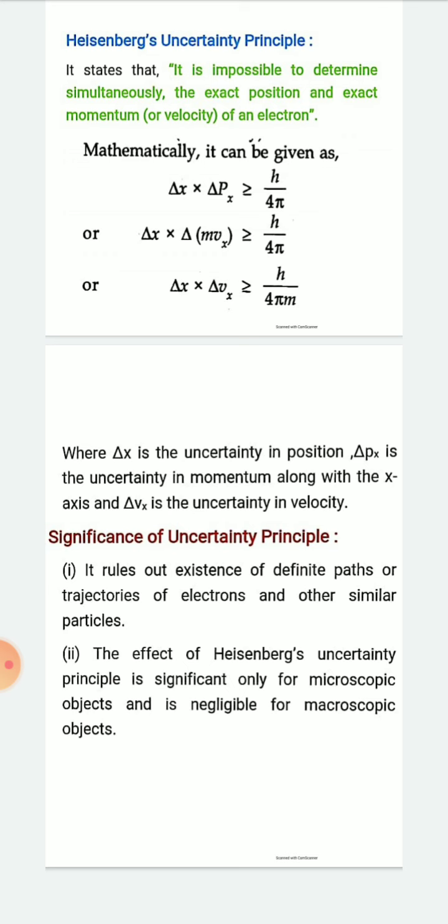Position and momentum of an electron cannot be exactly found simultaneously.